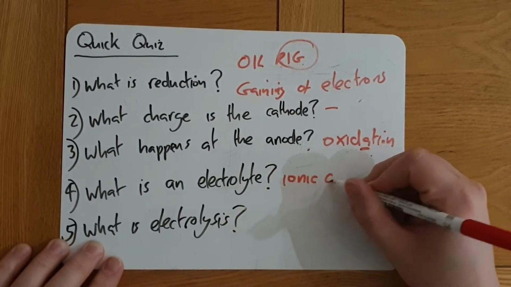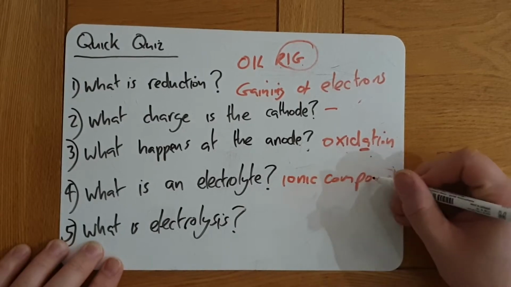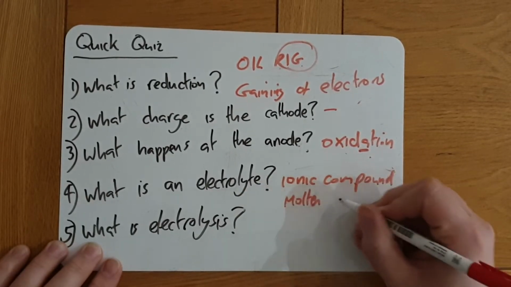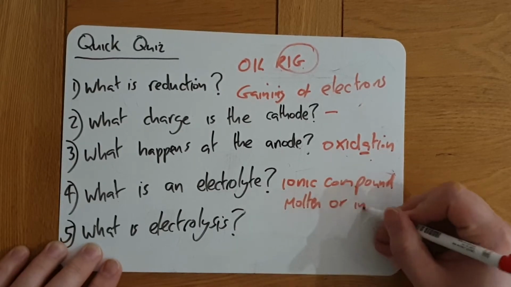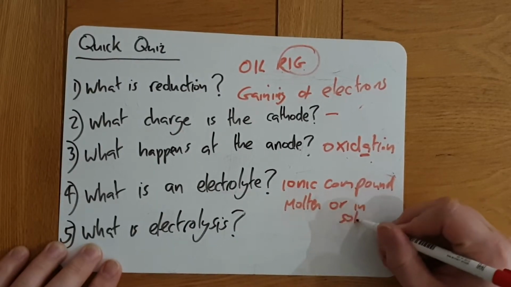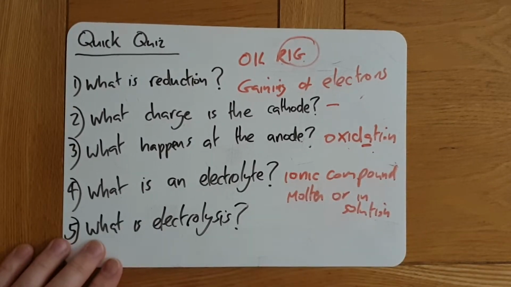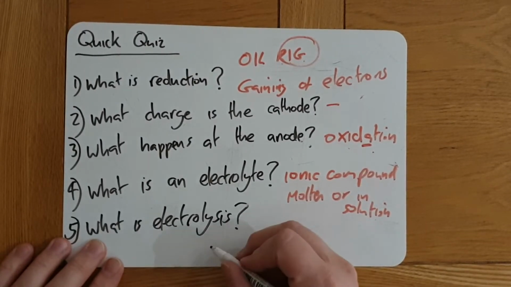What's an electrolyte? It's an ionic compound, but it needs to conduct electricity, which means it either must be molten or in solution. So an electrolyte is an ionic compound that's molten or in solution. And what is electrolysis?